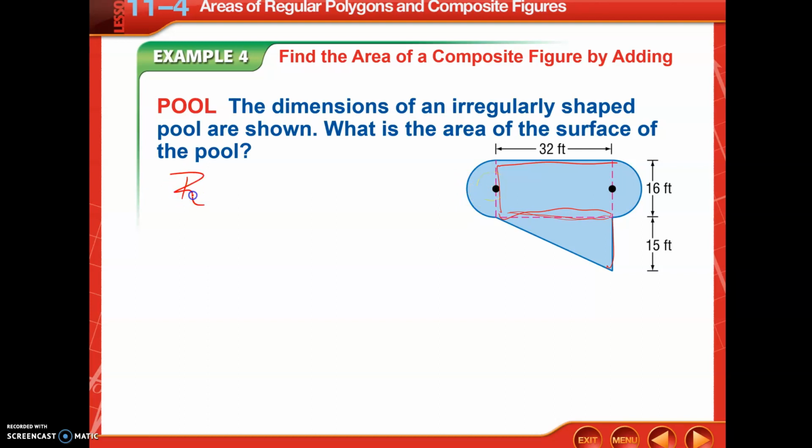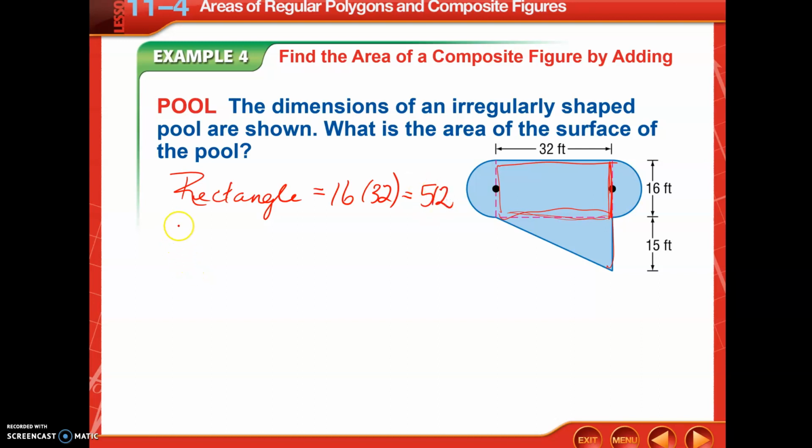So the area of your rectangle would be 16 times 32. So 512.